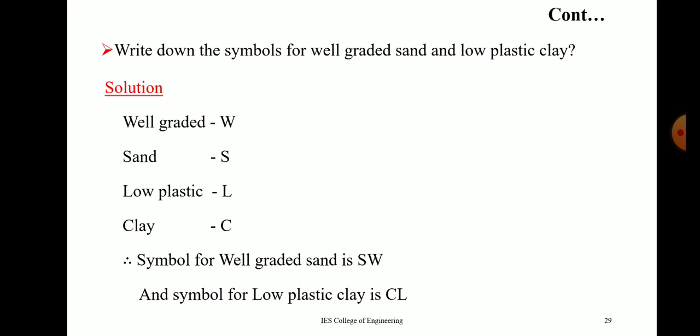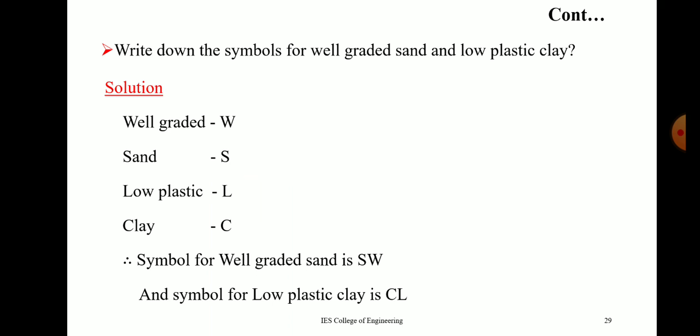This question is from IS classification. Write down the symbols for well-graded sand and low plastic clay. We know that the symbol for well-graded is W and sand is S, where S is the prefix and W is the suffix. Therefore, the symbol for well-graded sand is SW. And the next one is low plastic clay.